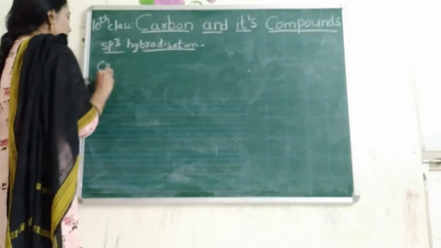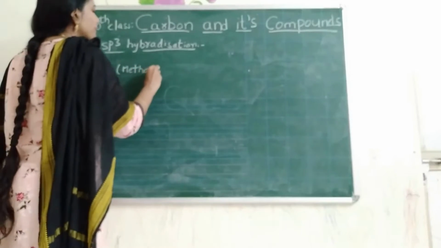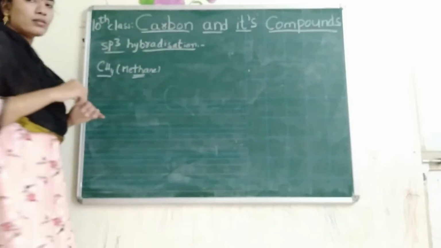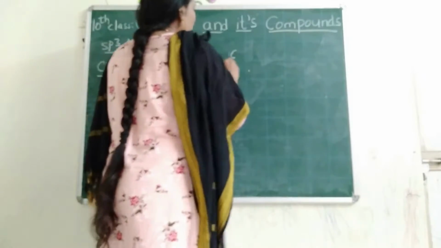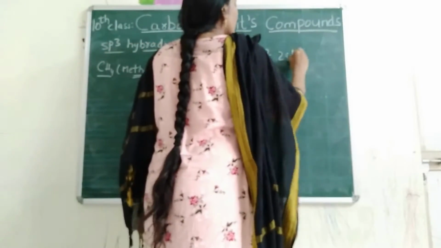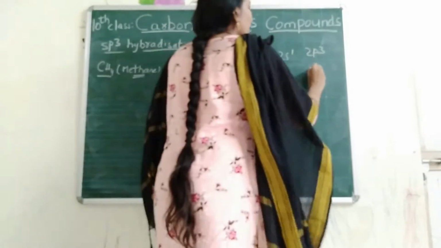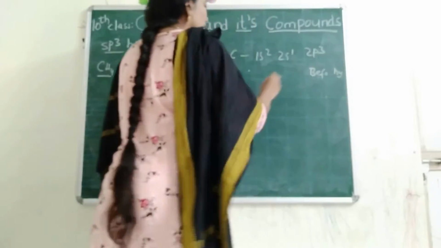Again we have to write the atomic number of carbon. The atomic number of carbon is 6. Its configuration is 1s2 2s1 2p3 in the excited state, before hybridization.